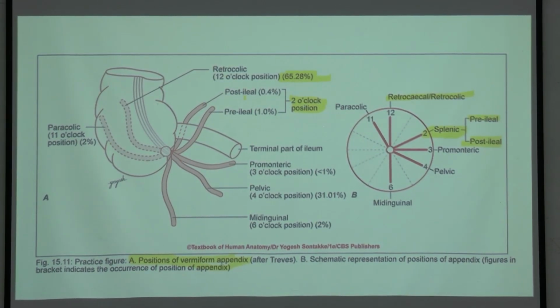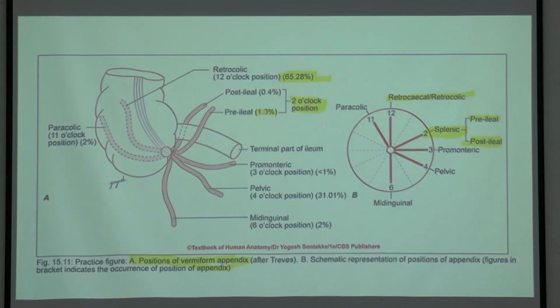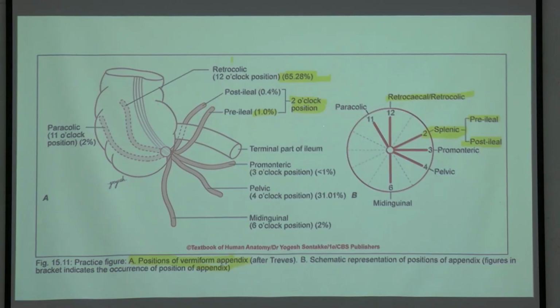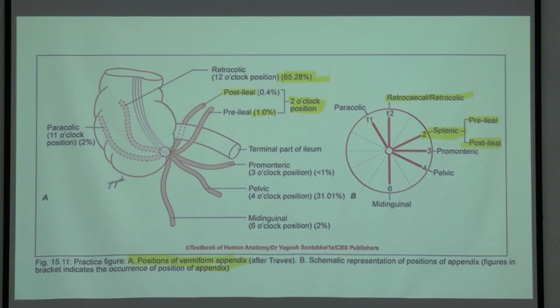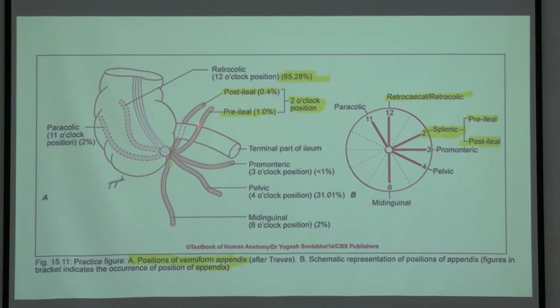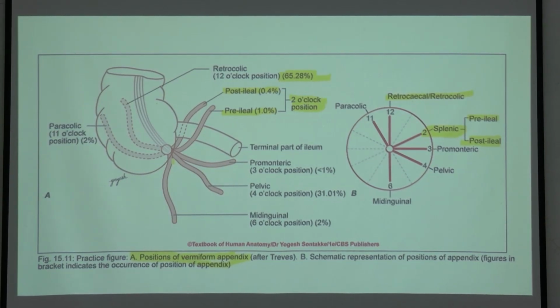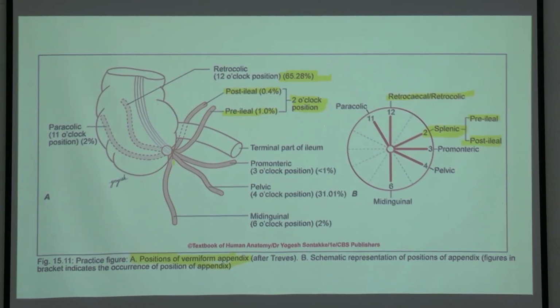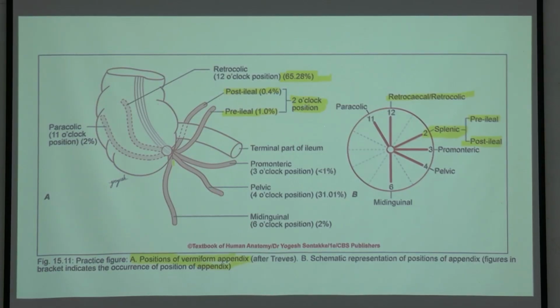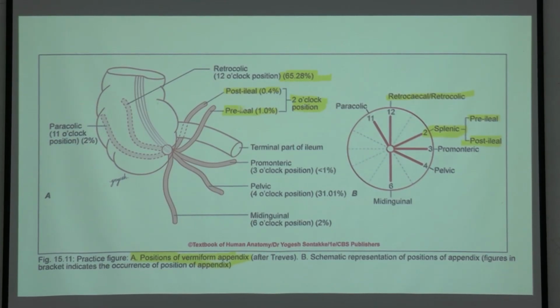The 2 o'clock position might be in front of the cecum, in front of the ileum, or behind the ileum. Here we can find it might be behind the ileum and it might be in front of the terminal ileum. And this position, the pre-ileal type, is very dangerous.